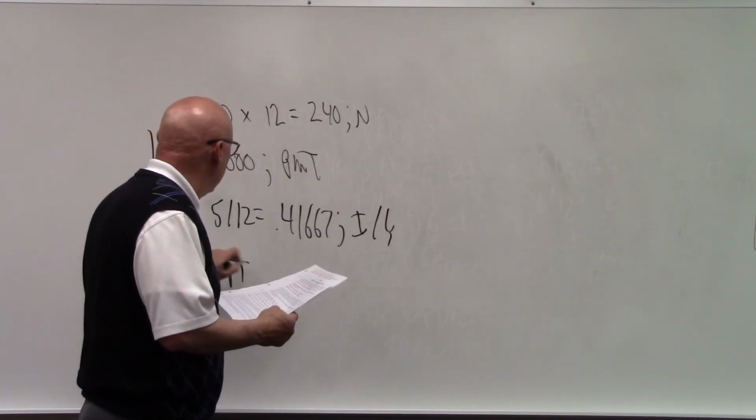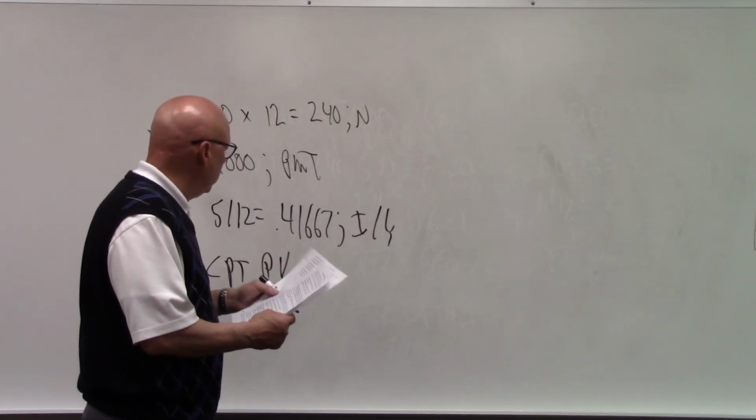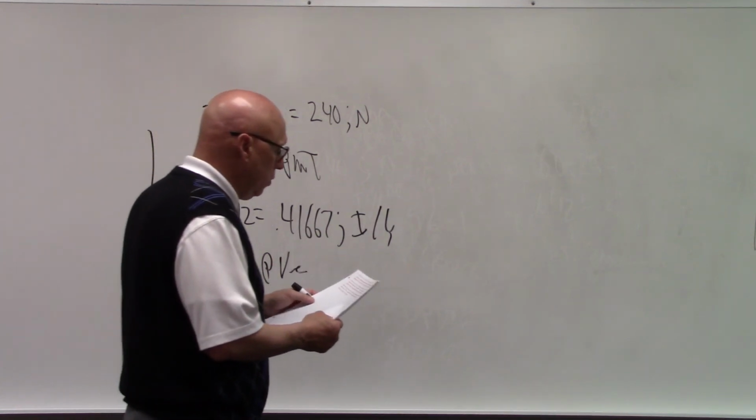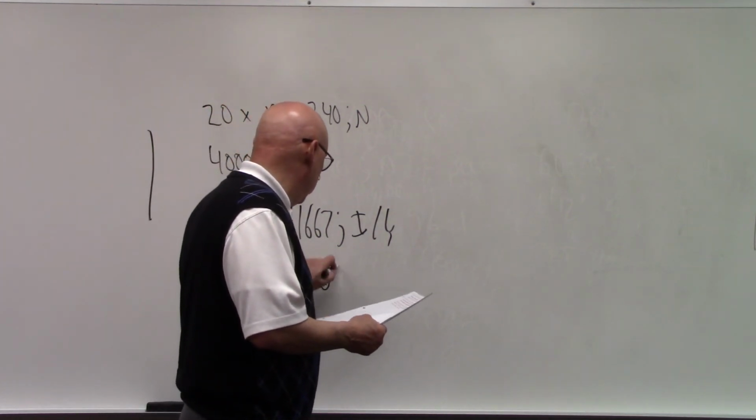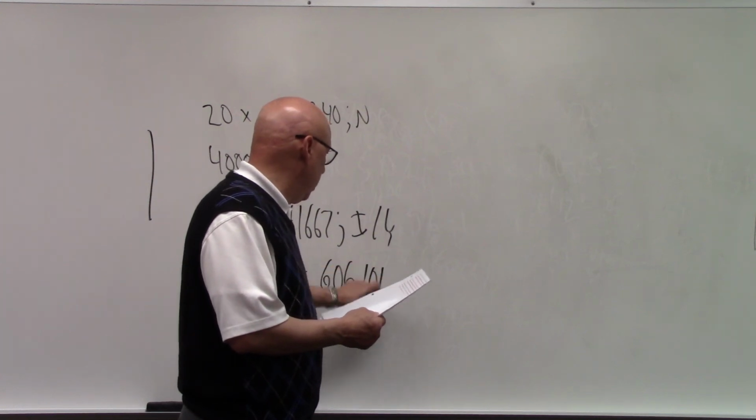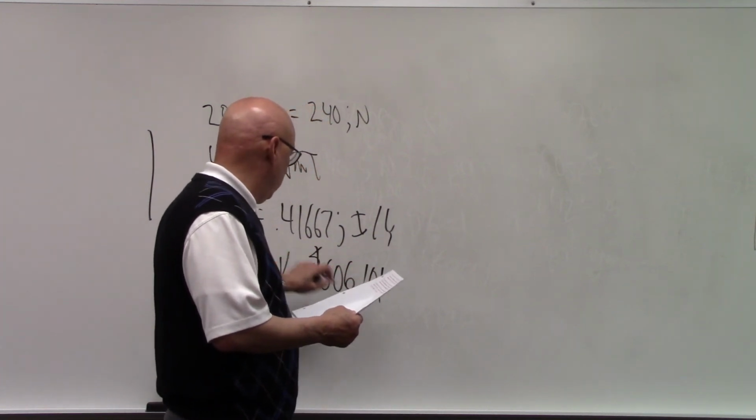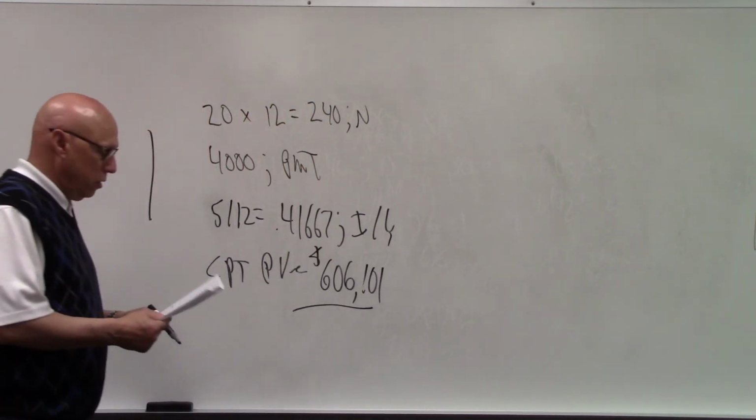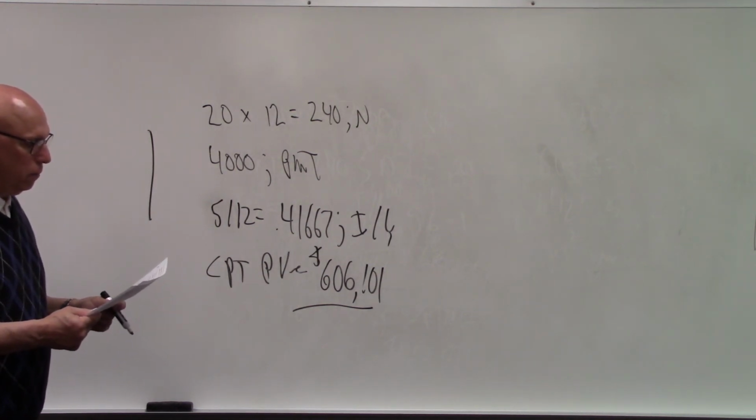Compute present value, and you're going to need $606,101 at age 65 to retire on.